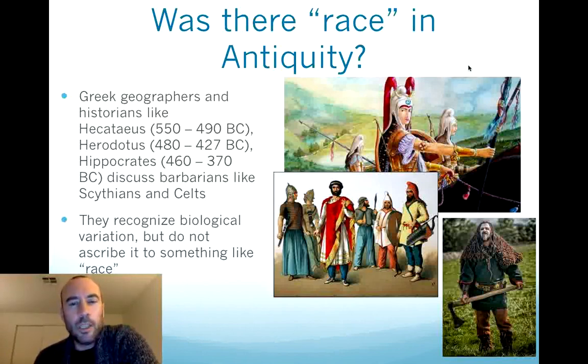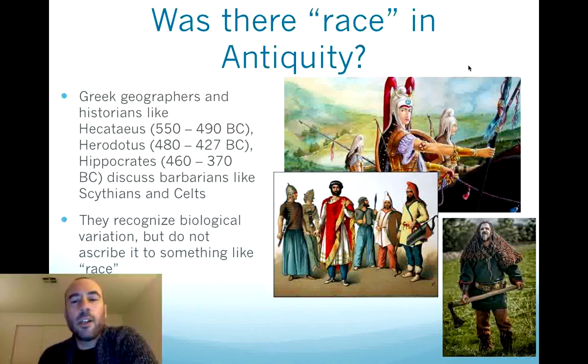So in the Western tradition, that means looking at a lot of Greek historians and writers. She mentions a few of them who are discussing people from the non-Greek world. In this time, there really wasn't a concept of, say, a unified Europe, unified politically or unified racially, quote unquote.